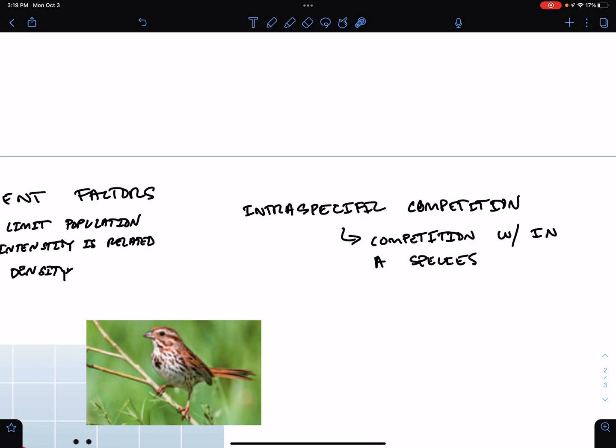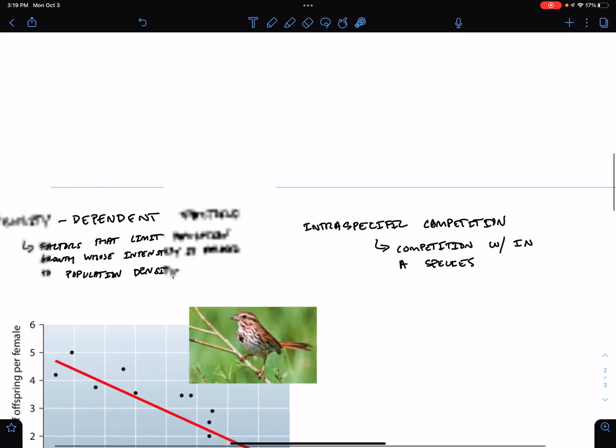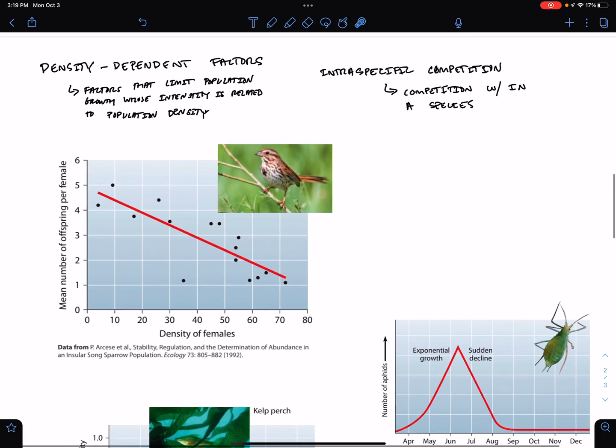Just how we talked about intramolecular bonds were bonds within one molecule, intraspecific competition is going to be competition within a single species. So we have a few examples of that.